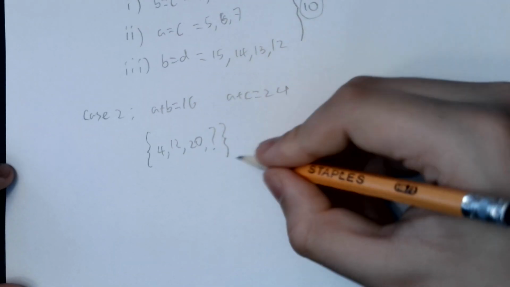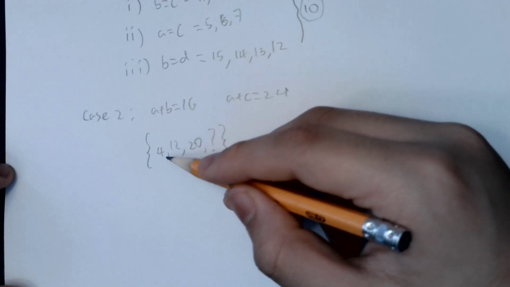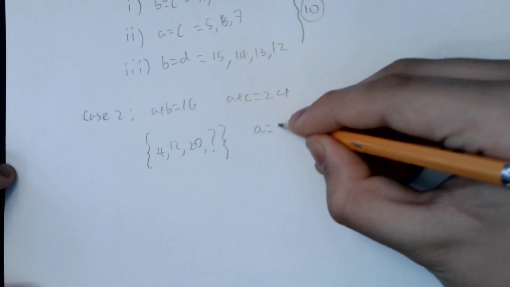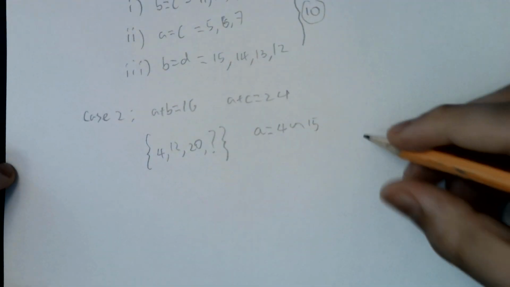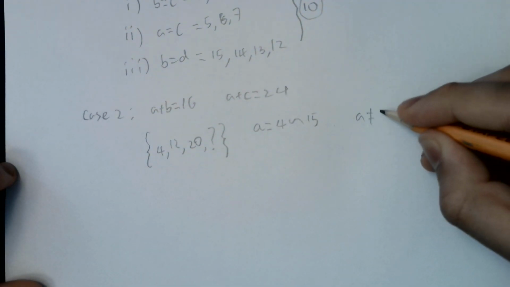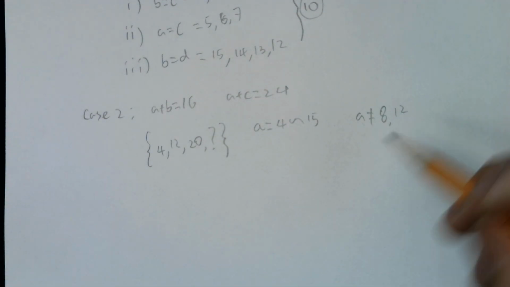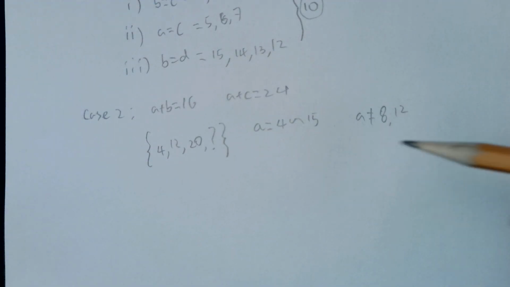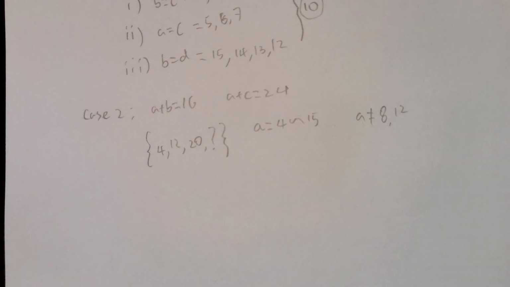The smallest possible value of A is 4, and the biggest possible value is 15. So A is going to be a number from 4 to 15. However, there are 2 conditions: A cannot be equal to 8 or 12. This is because if A is 8 or 12, then B and C respectively would also be 8 or 12, and we can't have 2 repeated elements in our subset.